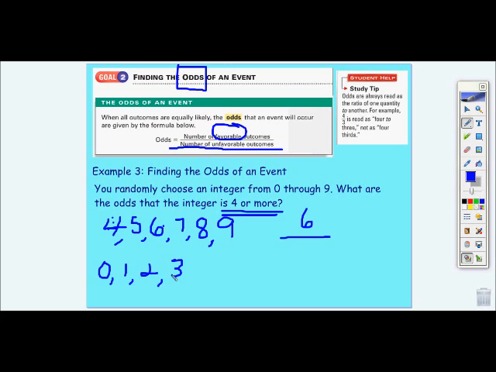So we have 4 chances that those integers will be unfavorable or would not meet the criteria of 4 or more. So now I have 6 out of 4, or we could say 3 out of 2. The odds that the integer is 4 or more are 3 to 2, is the way you could say that.